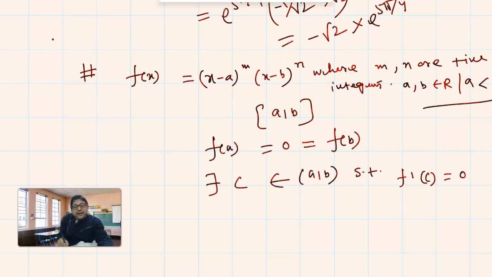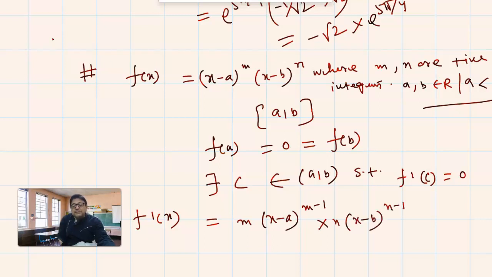That f dash c we can find by differentiating this function and then putting x equal to c. Let us check. The derivative f dash x will be: the first factor's derivative m into (x minus a) to the power m minus 1, into (x minus b) to the power n, plus (x minus a) to the power m into n (x minus b) to the power n minus 1.